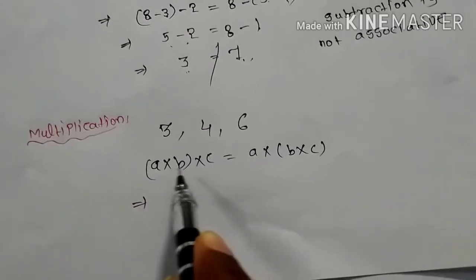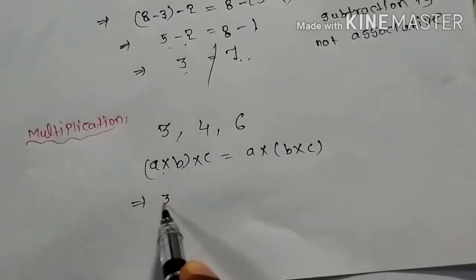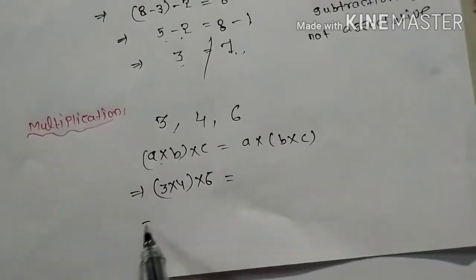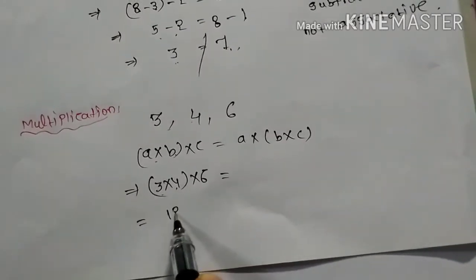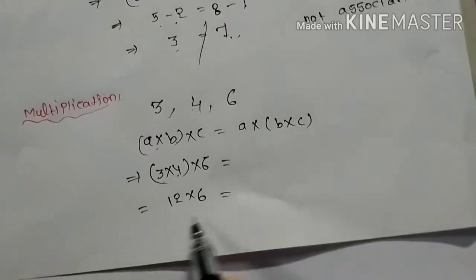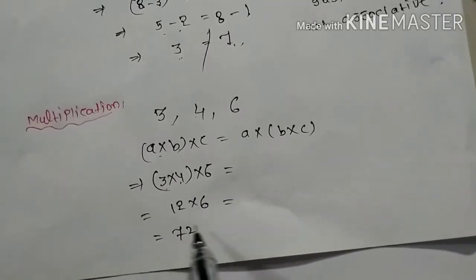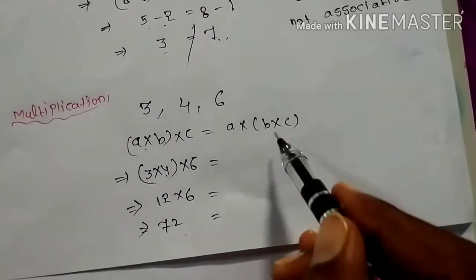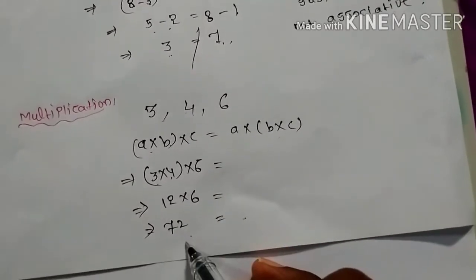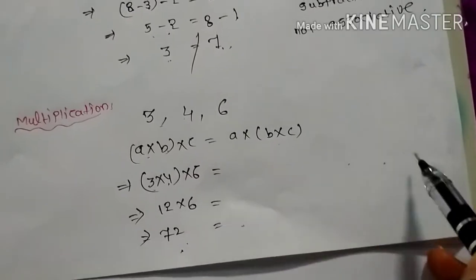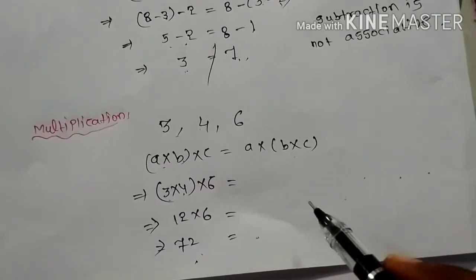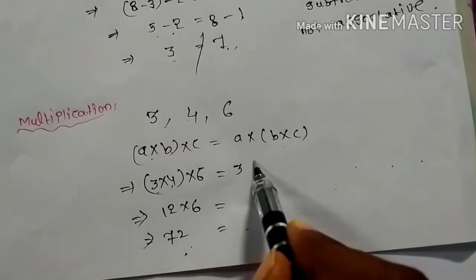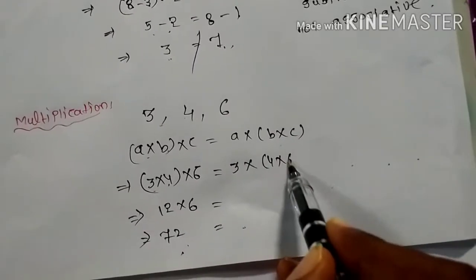Just substitute on the LHS. 3 into 4 into 6 is equal to... you can see only the left side. 3 into 4 is 12. 12 into 6 is 72. On the left side you got 72. Once you check, if it is equal to 72, you can write multiplication is associative. If it is not equal to 72, you can write multiplication is not associative.